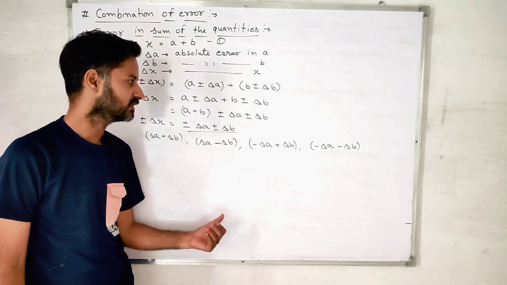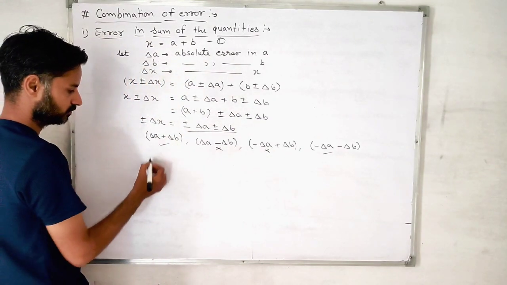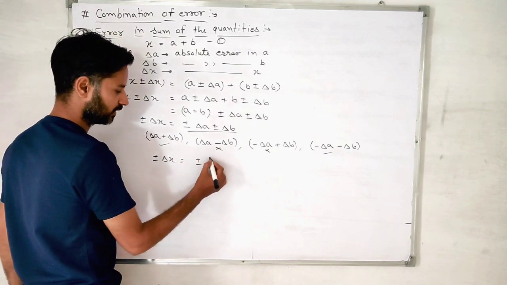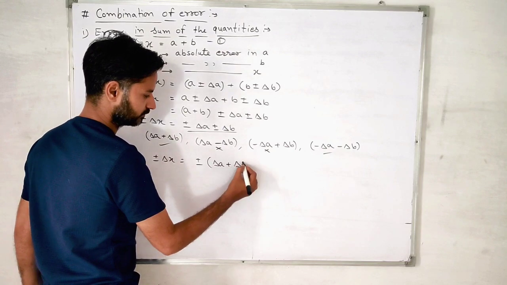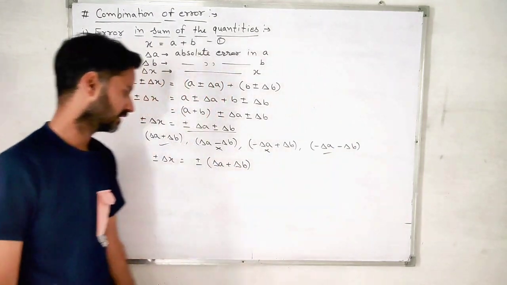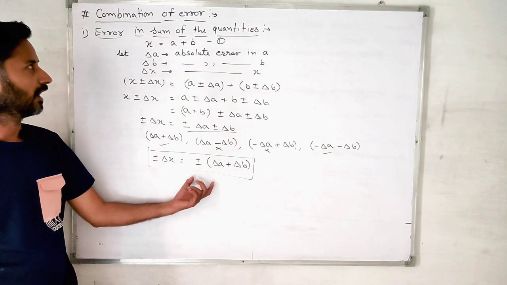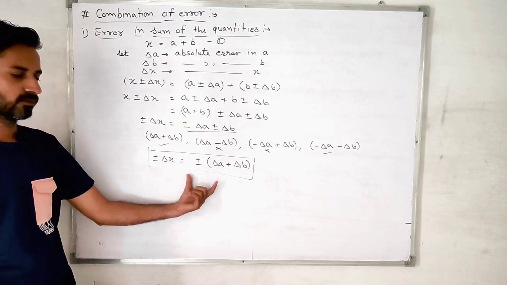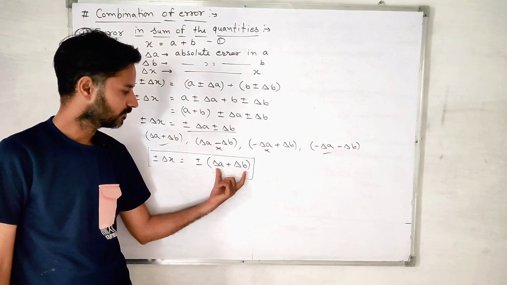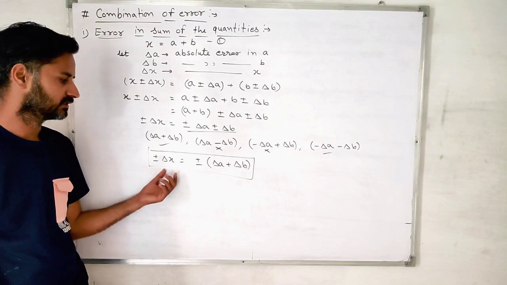So the maximum permissible error will be this and this, not the others. So maximum permissible error plus minus del x will be equal to plus minus del a plus del b. So this is the error in sum of the quantities. When we add two quantities, we just add the errors. And similarly, for difference or subtraction of the quantities, we get the same result.